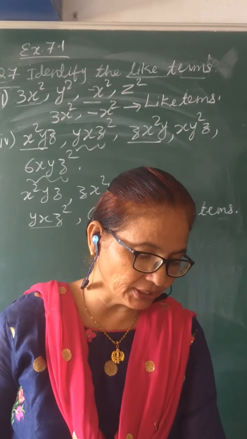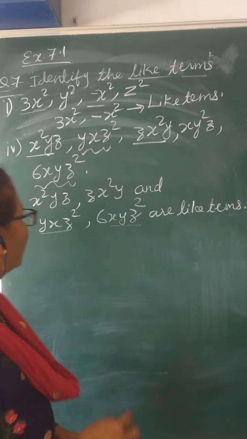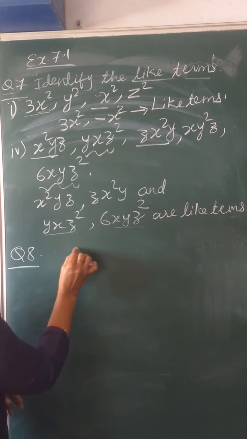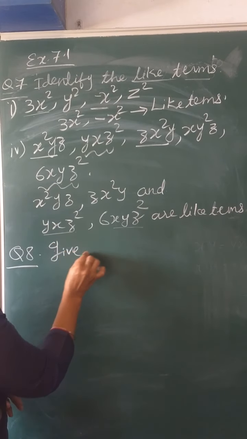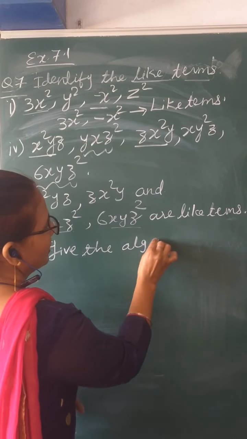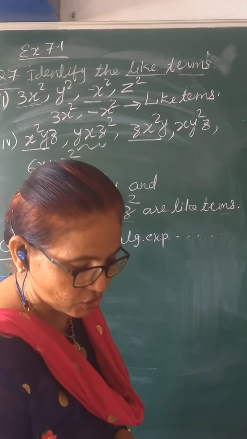You have to convert this into arithmetic operations. So let's see question number 8. I am not writing the heading, just a few words: give the algebraic expression. Okay, now let's write the first one.